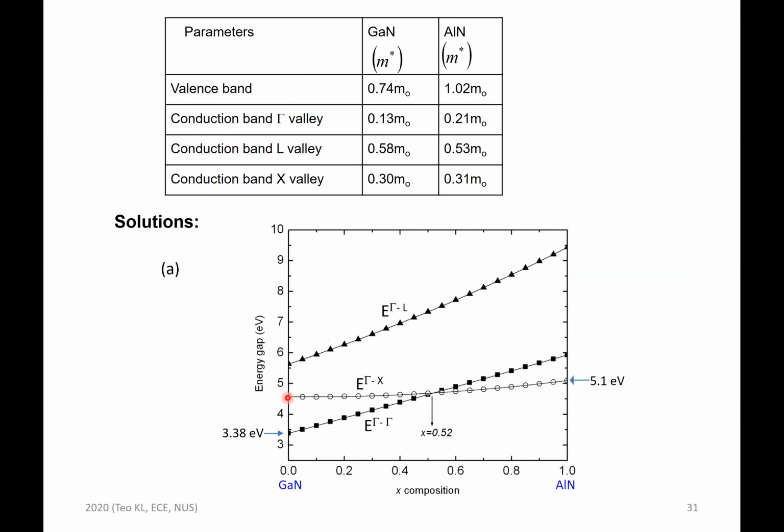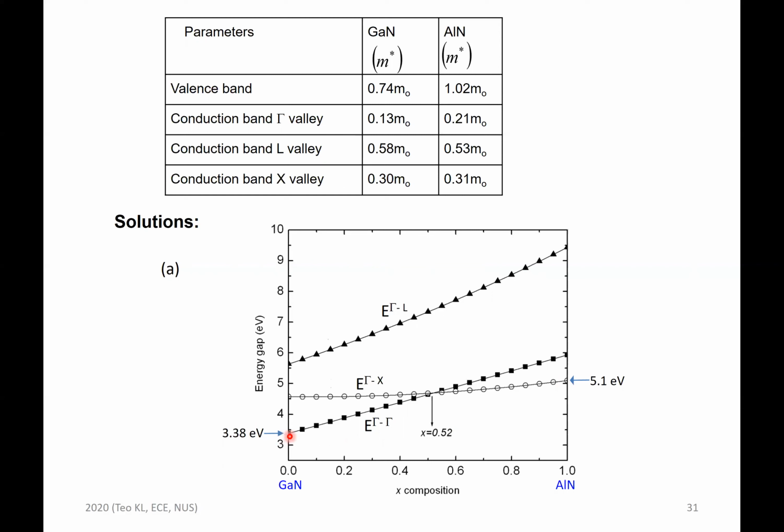The open circle is E gamma X, and this is E gamma L. So at x goes to 0, you can see at this point is the band gap of gallium nitride of 3.38 eV. At x goes to 1, this is the band gap of aluminum nitride, which is 5.1 eV.